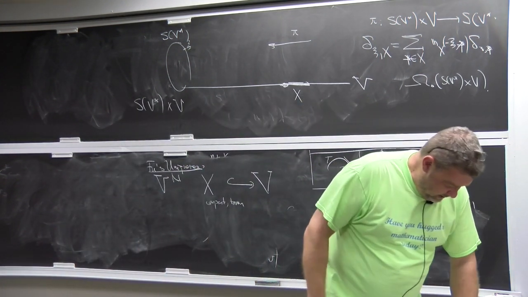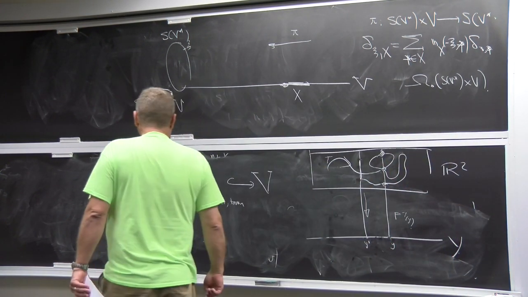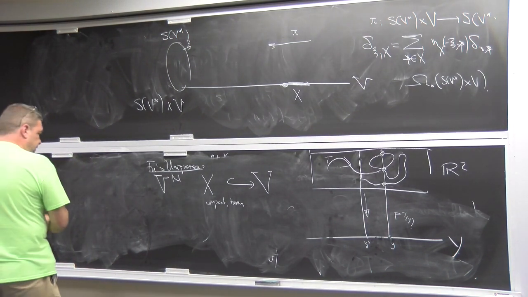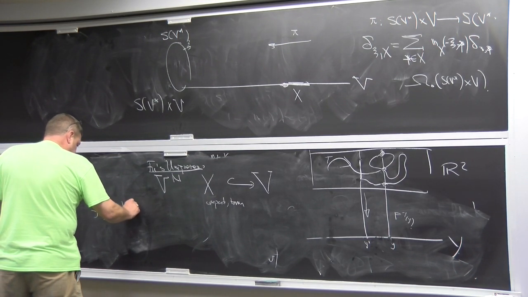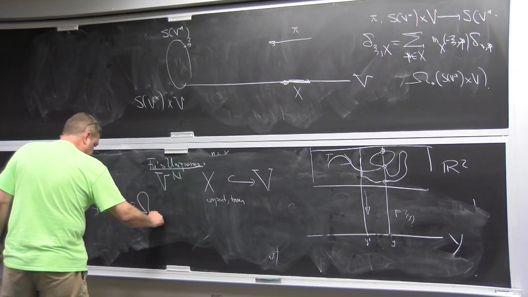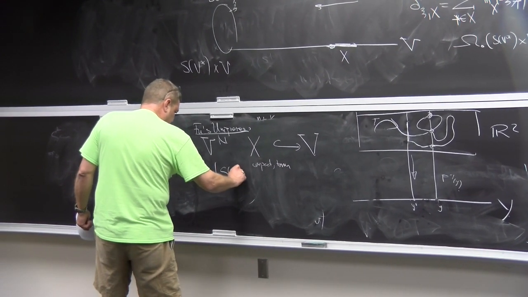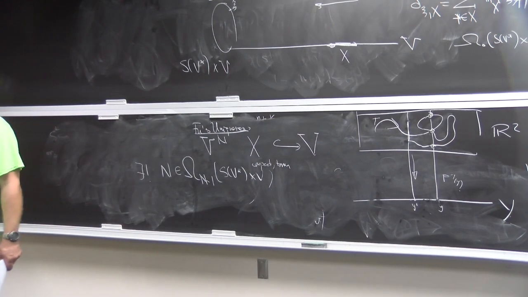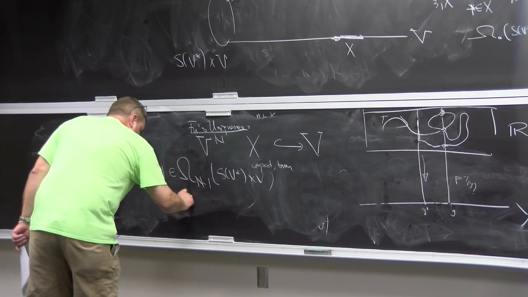And let me stick with the notation. So there exists a unique current, and this is a current of dimension n minus 1 sitting in S V star cross V. It's a subanalytic current, which is a cycle.